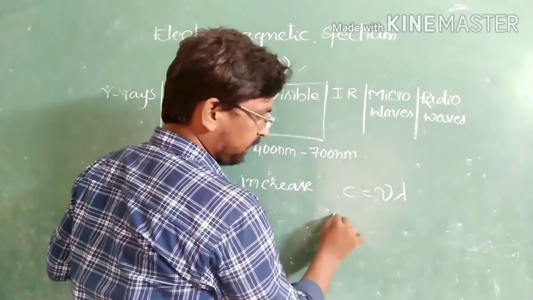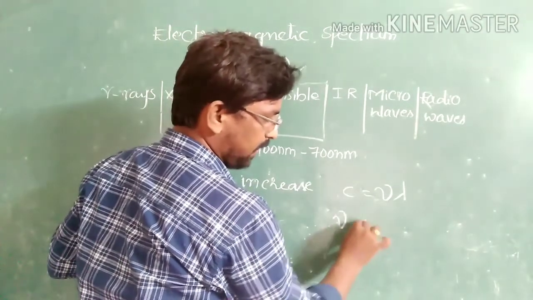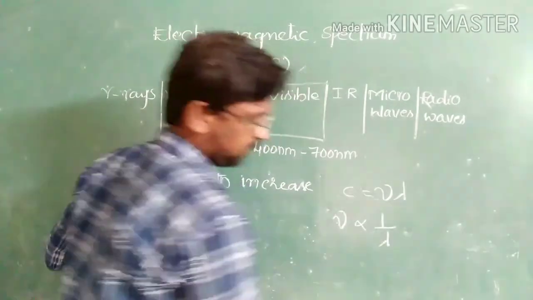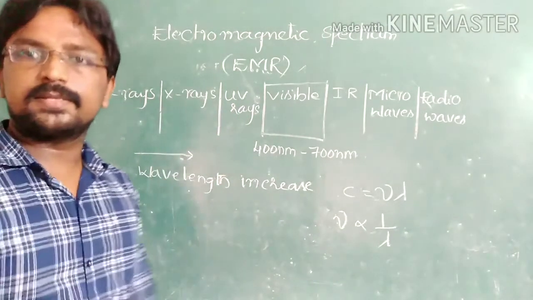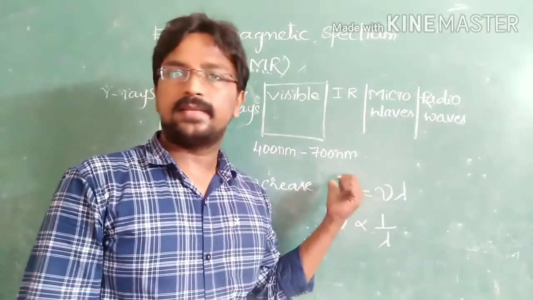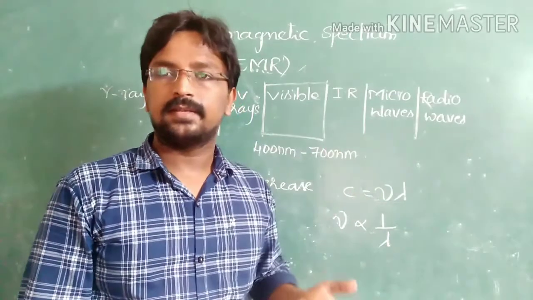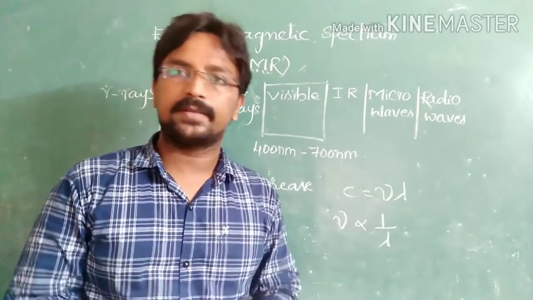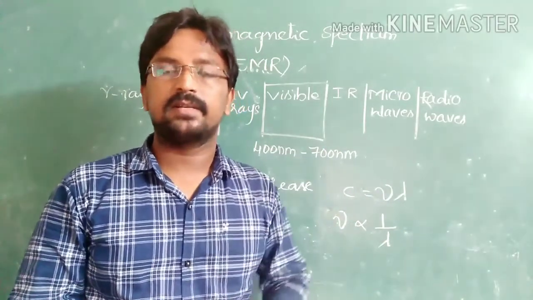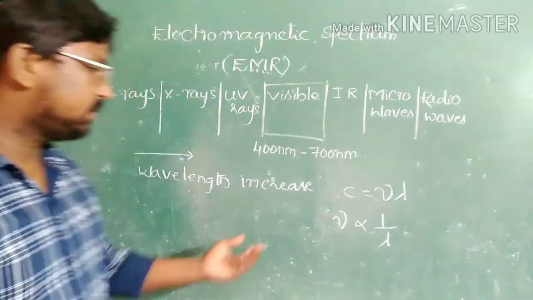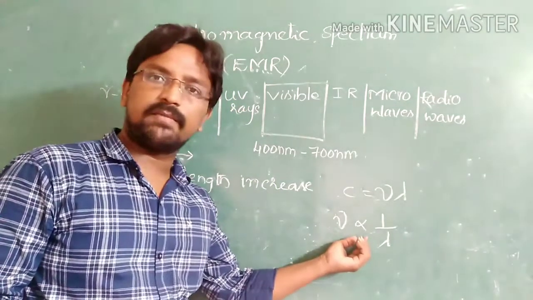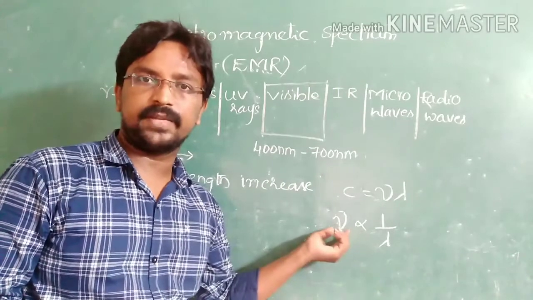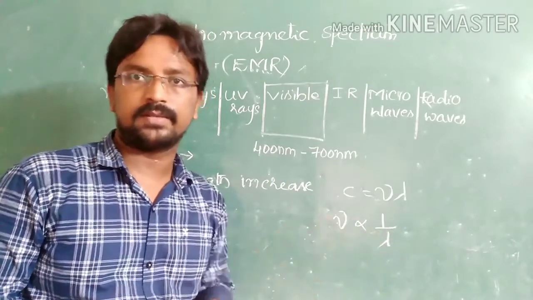Here the relation between ν and λ is inversely proportional, and c is a constant, 3 × 10^8 meters per second, the velocity of light in vacuum. So ν is proportional to 1/λ. That means frequency is inversely proportional to wavelength.